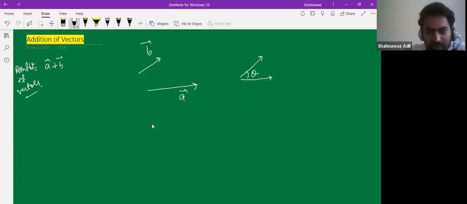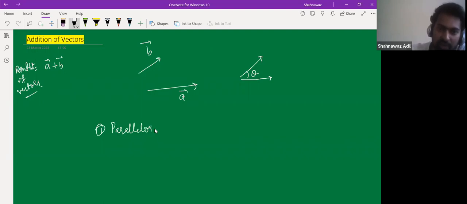There are mainly two laws which talk about the addition of vectors. One is the parallelogram law, and the other one is the triangle law.